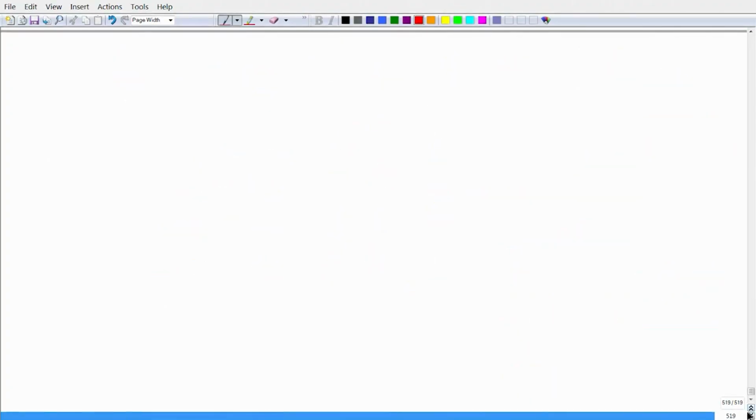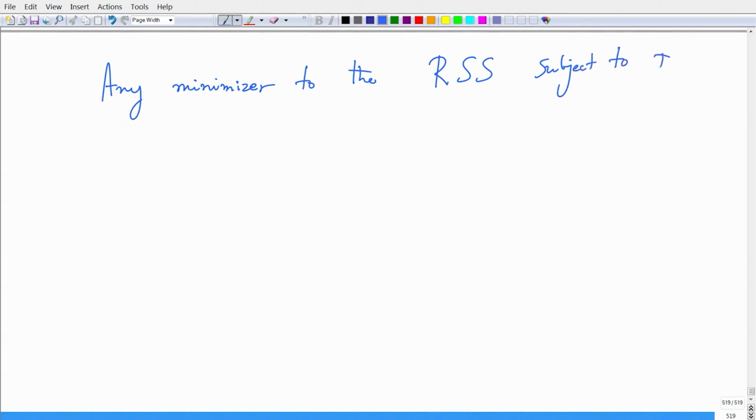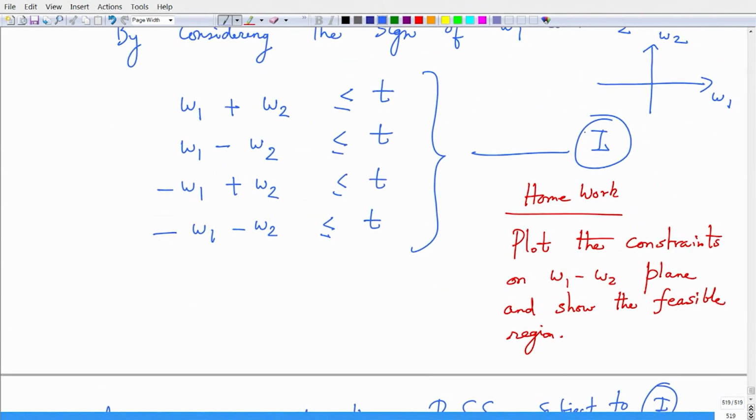Okay. So, now going further, any minimizer to the residual square sum subject to these constraints that I indicated here, right.